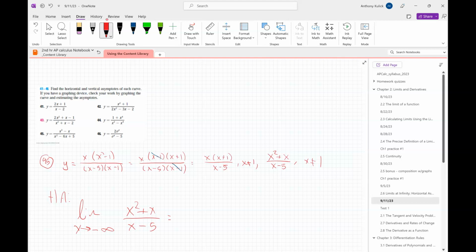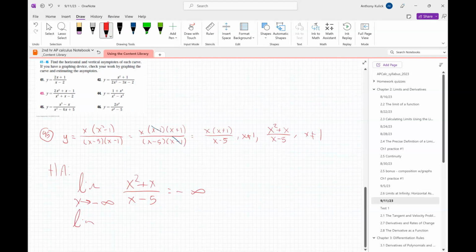It's going to be, bottom will be positive or negative? Negative. The top will be positive. Positive over negative is negative. Okay, what's this one going to be? Top should be, bottom should be. So it's going to positive infinity.